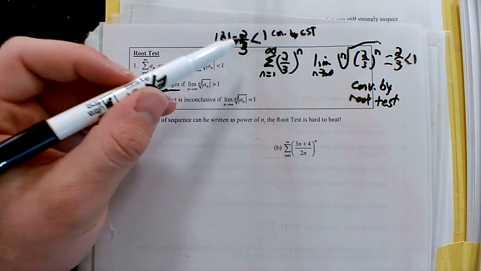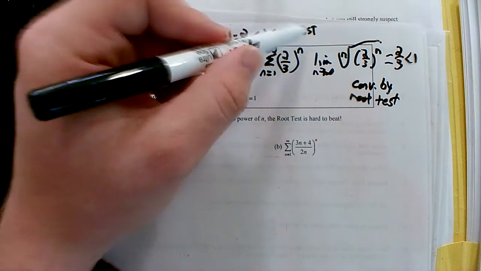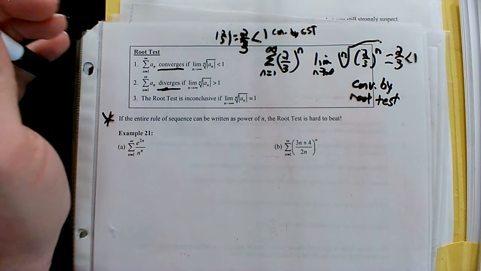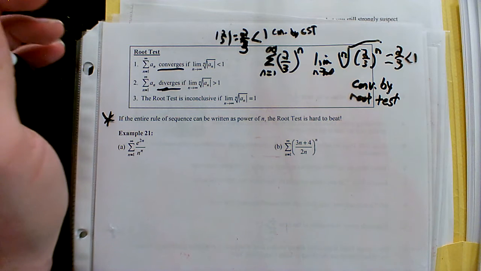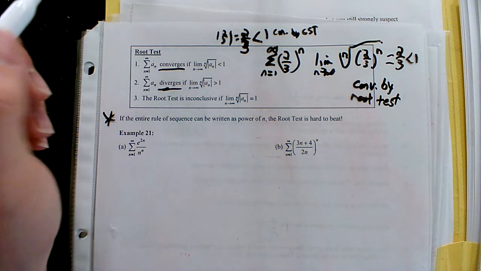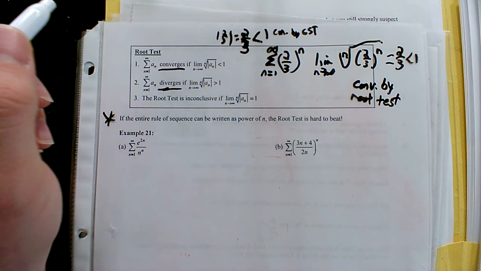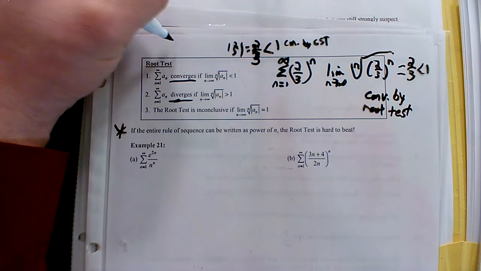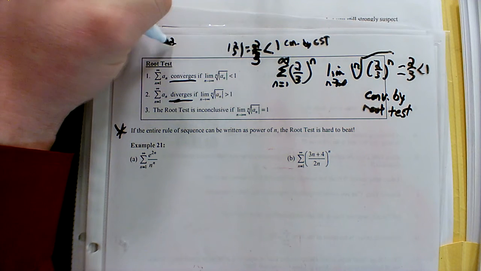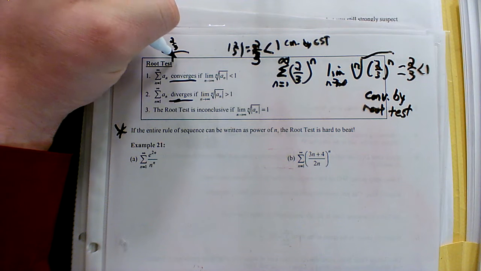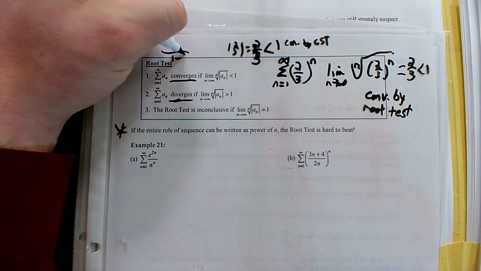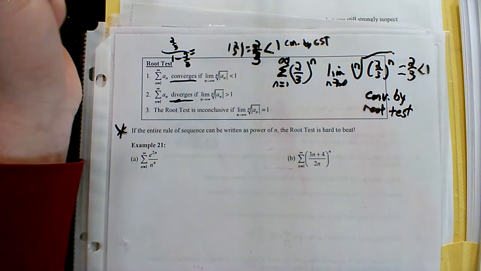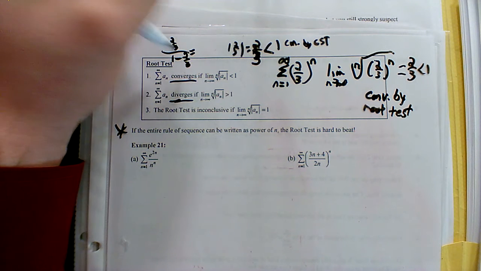But since we solved this one by the geometric series this time, what else can we tell? We know what it converges to. Do we remember how to find that? The first term, so 2/3 over 1 minus r, and the r is 2/3. 1 minus 2/3 is 1/3.